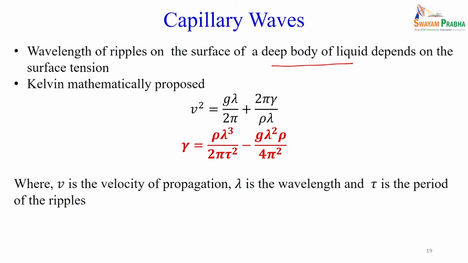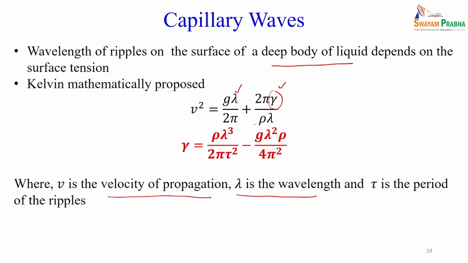After seeing this phenomenon, Kelvin mathematically proposed that the velocity of propagation of this wave, which we call a capillary wave, is directly proportional to the wavelength as well as the interfacial tension.